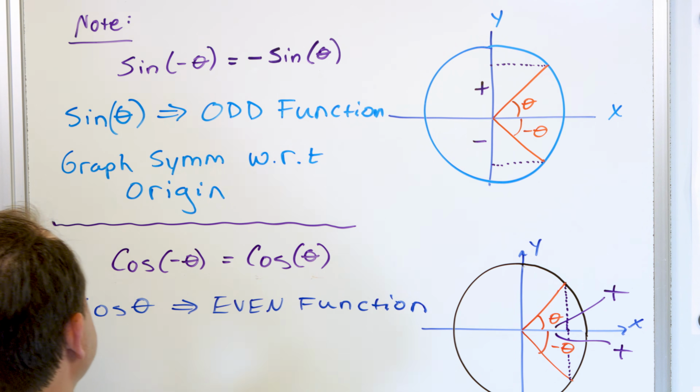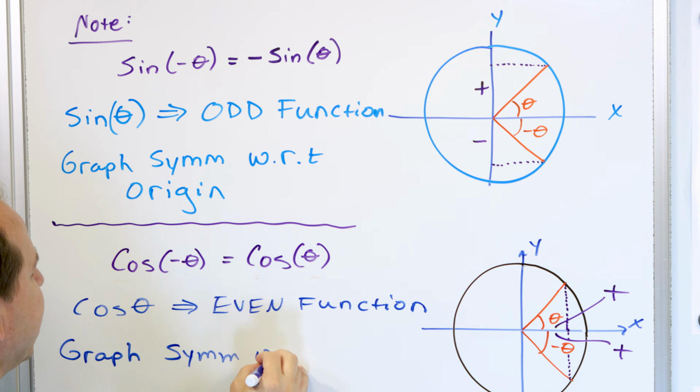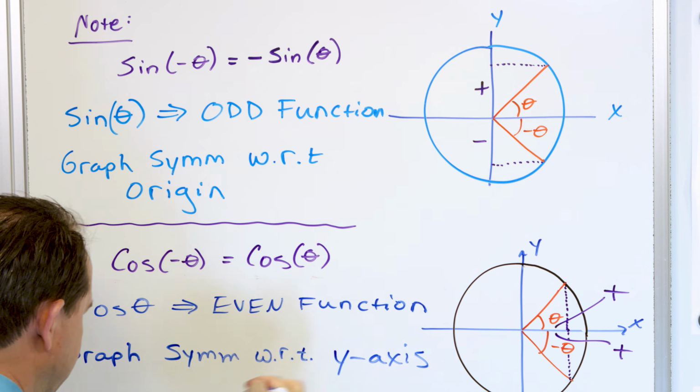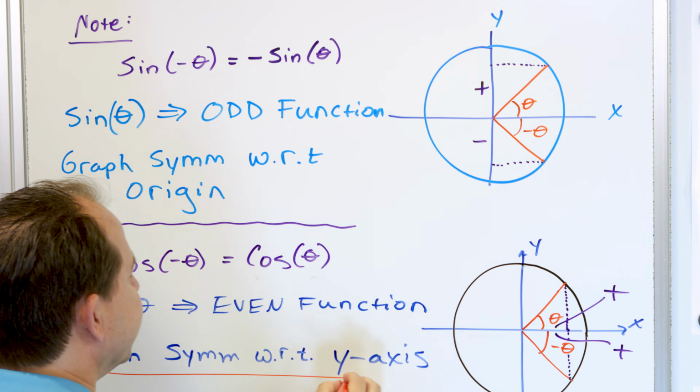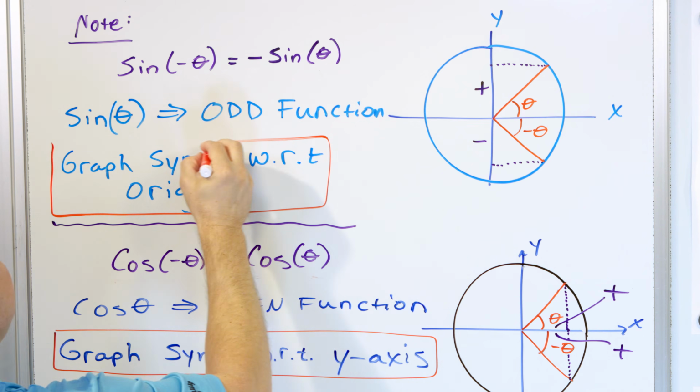Now, what this means physically when you graph it is that this graph is symmetric with respect to the y-axis. So if you had to memorize a definition, this is the definition I would want you to memorize. And this one right here, I would want you to memorize this definition.